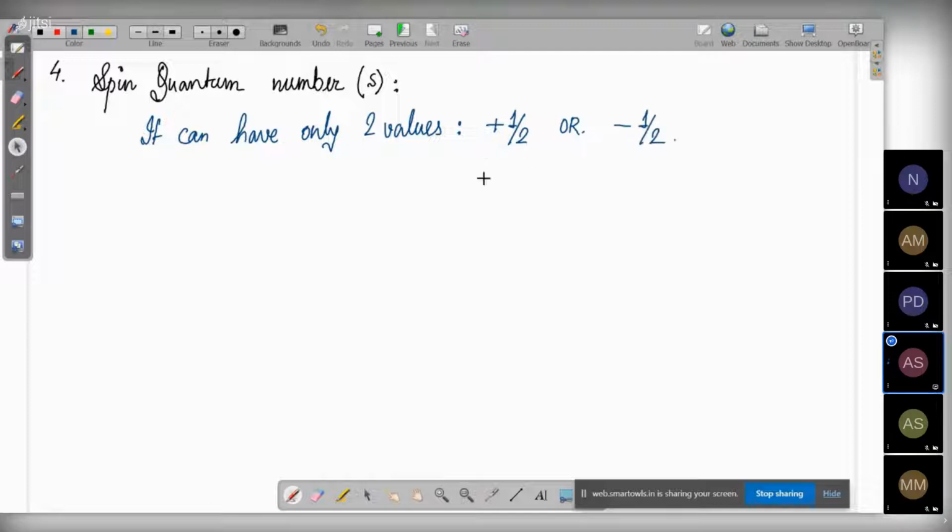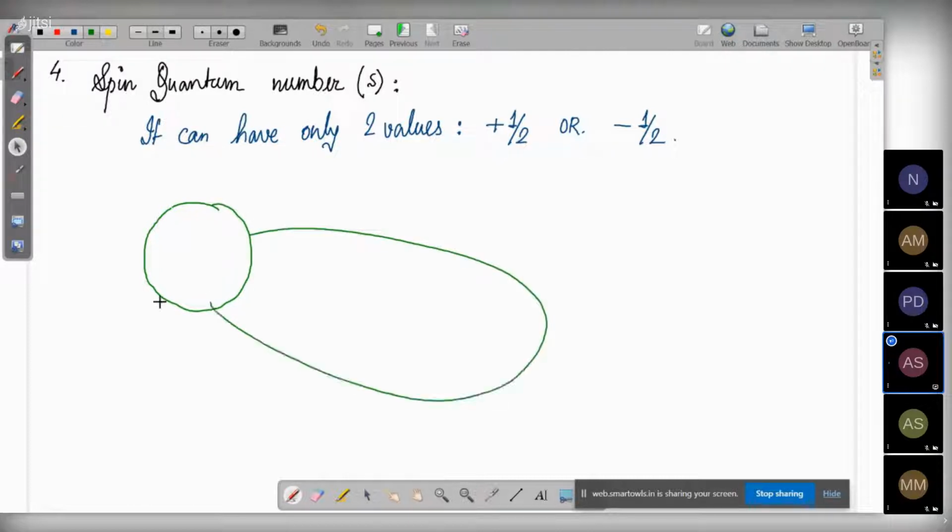Now, what does this represent? We are saying plus half and minus half, but what exactly can we get to know from this data? Or what in fact is the spin of an electron? Suppose this is the Earth. The Earth revolves around the Sun, but while revolving, it is also spinning on its own axis.